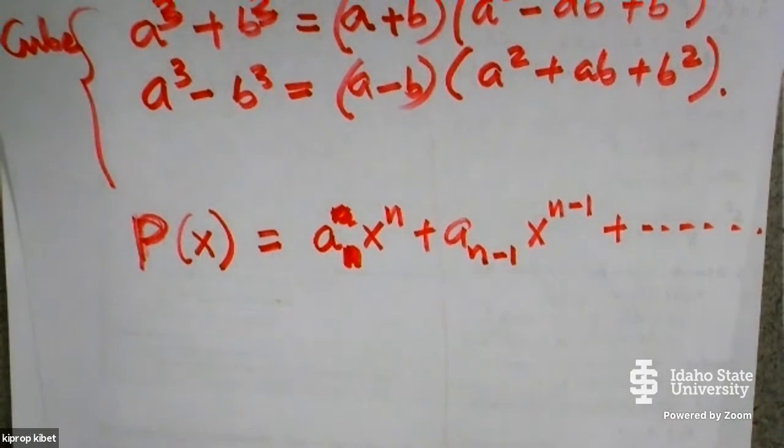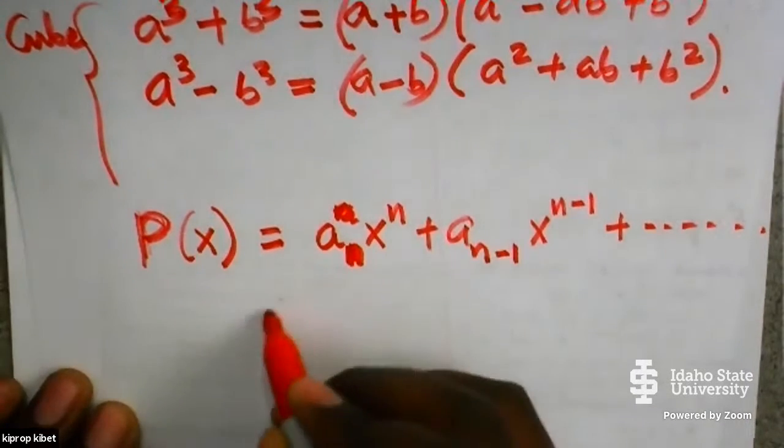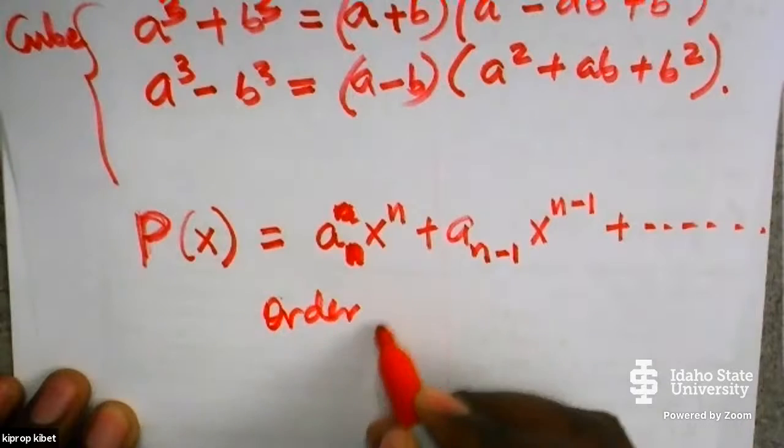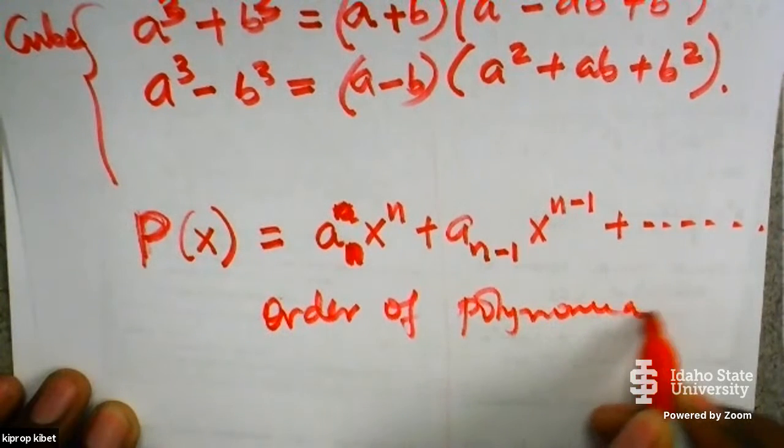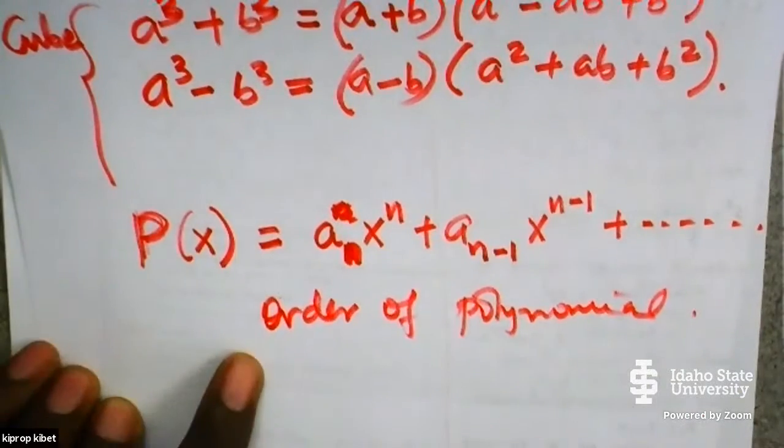So for a polynomial of this form, the highest power of x, the highest of all these, we call the order of the polynomial.